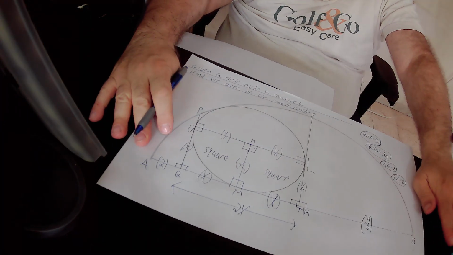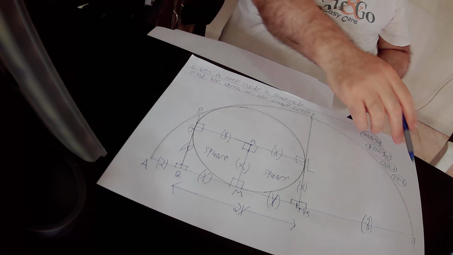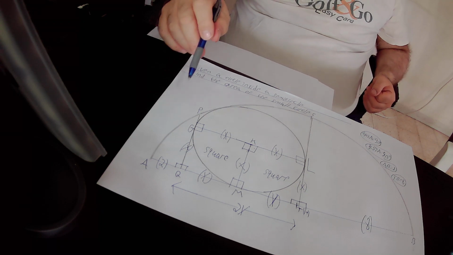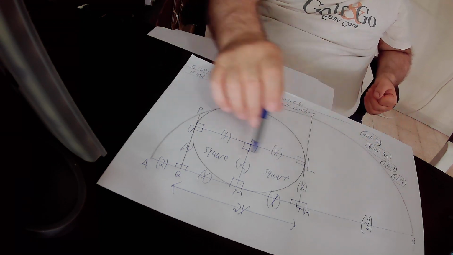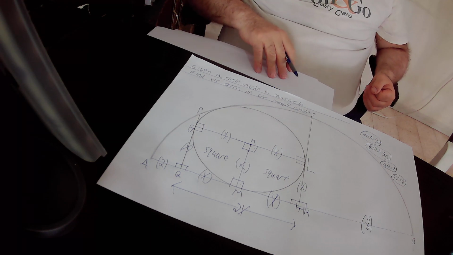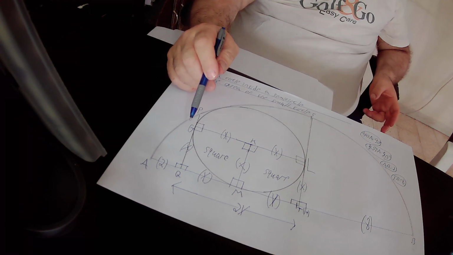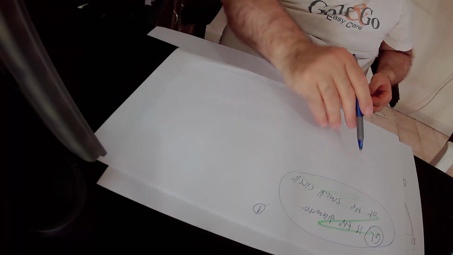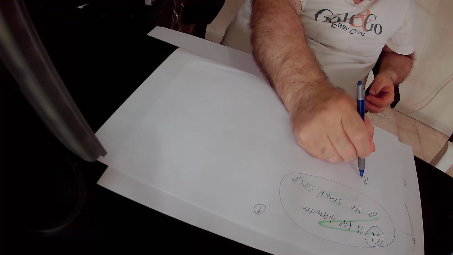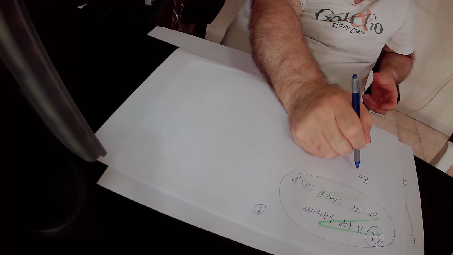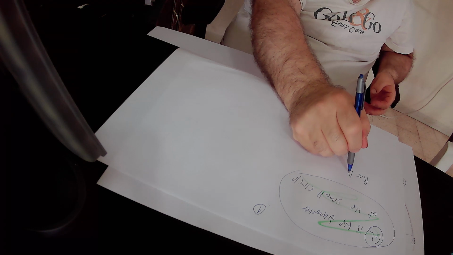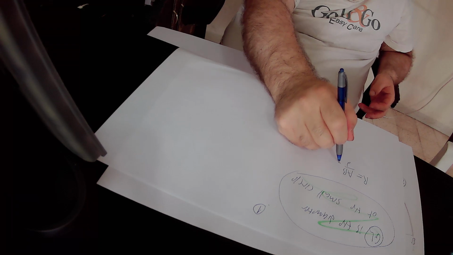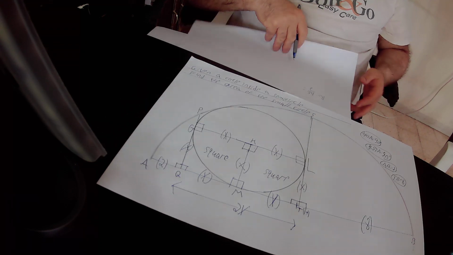What is the radius of the big semicircle? The radius of the big semicircle equals the diameter of the big semicircle, that is AB, over 2. So we define the radius of the big semicircle as capital R, and capital R equals AB over 2. What is the length of AB?